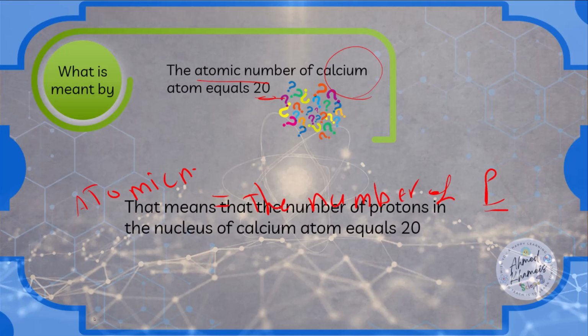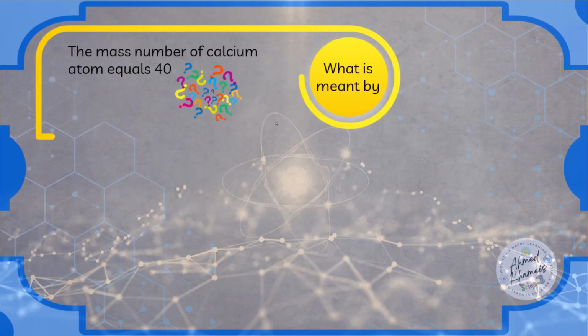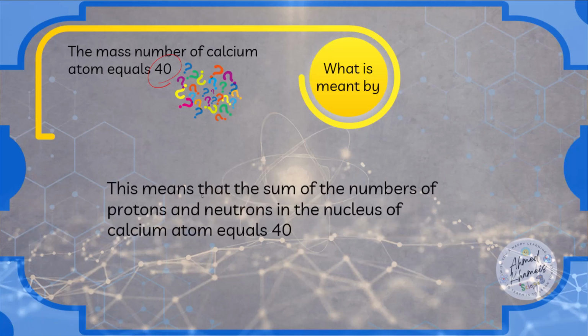So that means that the number of protons in the nucleus of calcium equals 20. What is meant by the mass number of calcium is 40? We know that the mass number is the sum of the protons and neutrons. So this means that the sum of the number of protons and neutrons in the nucleus of calcium equals 40.